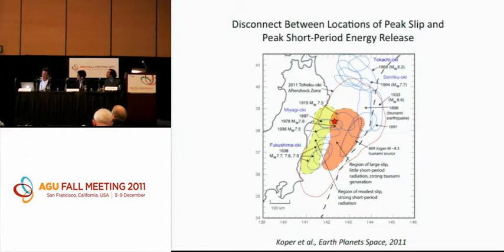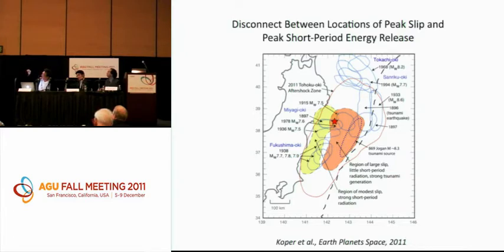There's a lot on this slide, but the basic point is that the two colors don't really overlap. Most of the slip here is in this big pink region. Here's the epicenter, and then here's our result, this short period radiation.